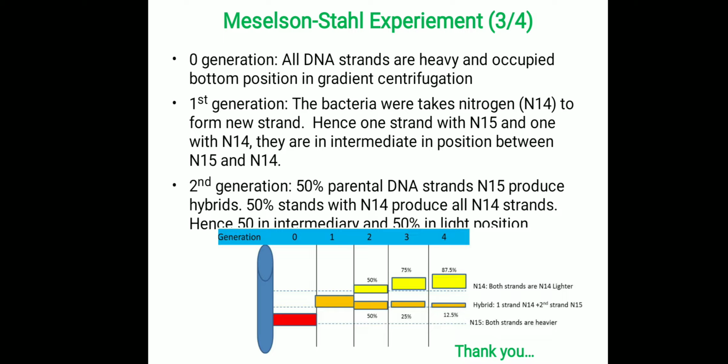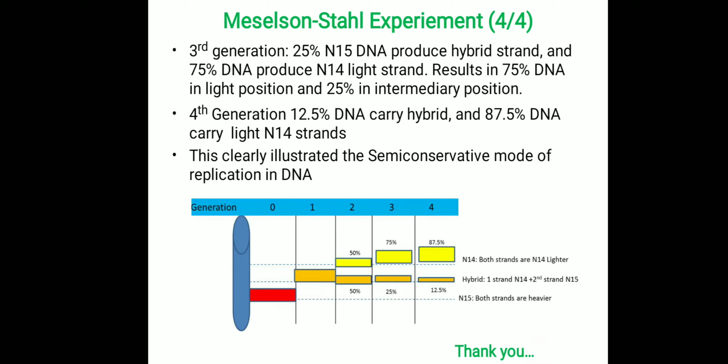So that results in 75% lighter DNA molecules and 25% hybrid DNA molecules in that generation. In the 4th generation, out of these 25% hybrid DNA, 12.5% carry hybrids and 12.5% lighter. So altogether 87.5% of the DNA carries lighter N14 strands in generation 4.